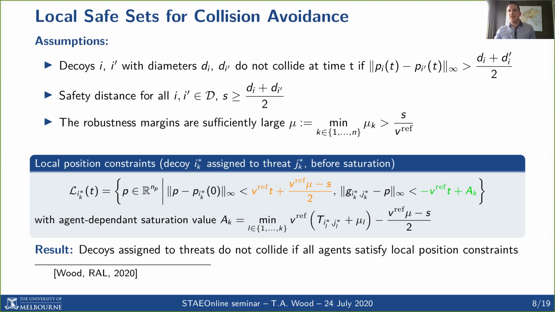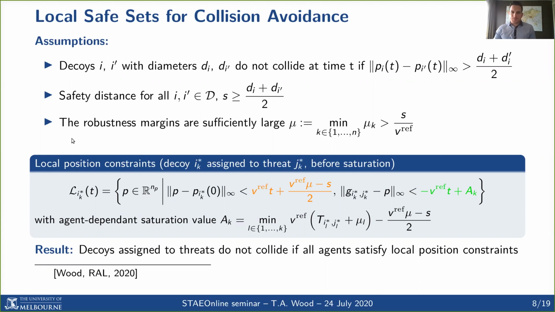So if their centroid positions are further away than the average of the diameters, then they do not collide at a certain time. So with this, we can say there's a safety distance. So we know the size of all the agents. We can say there's some safety distance such that if the centroid positions of all the agents are further away than this safety distance, none of the agents collide.